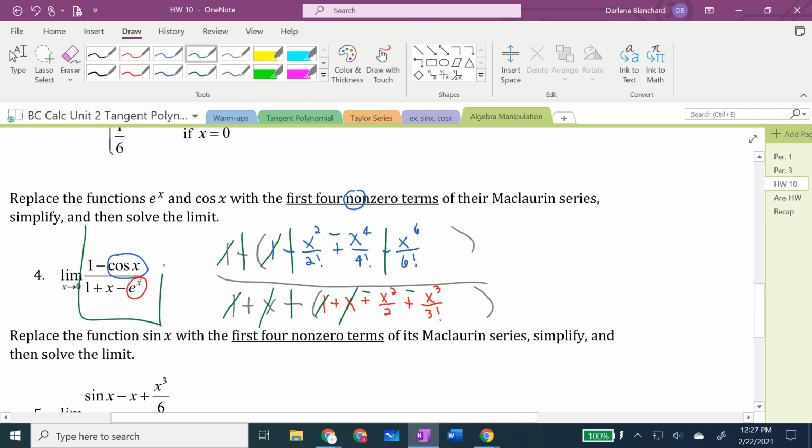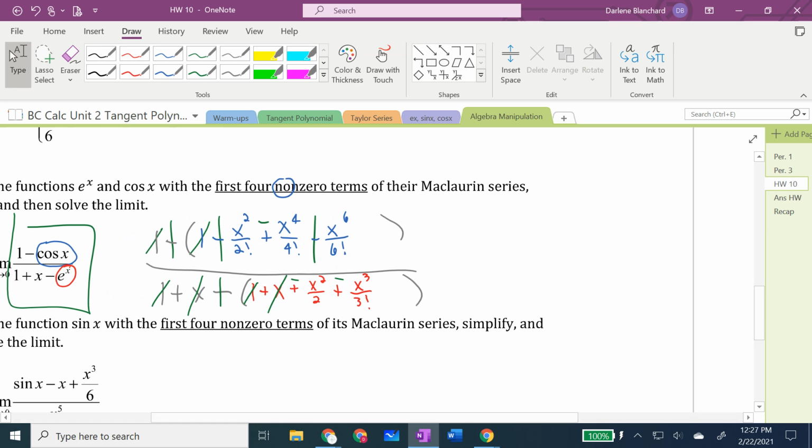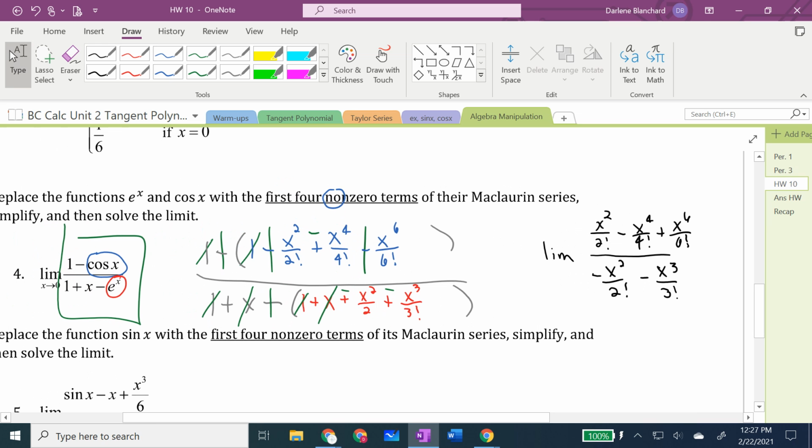So the fraction simplifies to a numerator of x squared over 2 factorial minus x to the 4th over 4 factorial plus x to the 6th over 6 factorial. The denominator, negative x squared over 2 factorial minus x cubed over 3 factorial, and then that's enough. And it's asking what is the limit as x approaches 0.